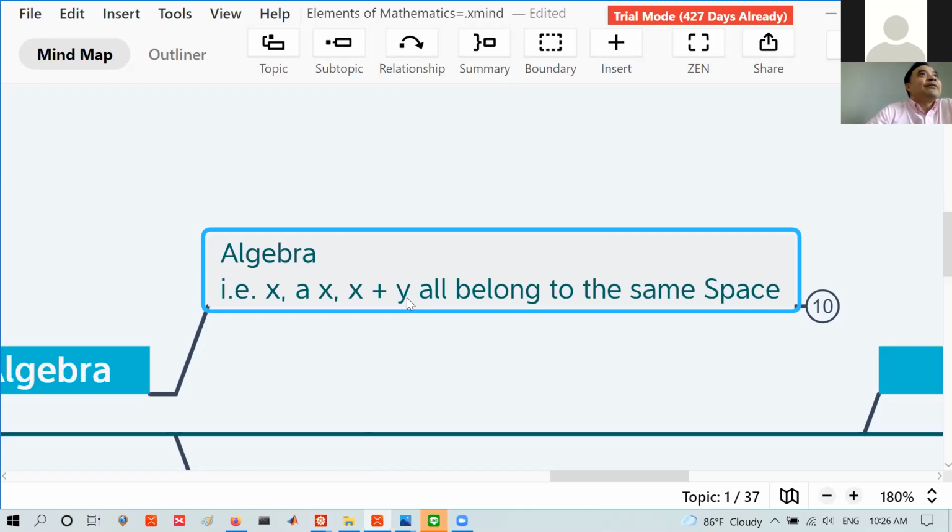And the quick example you can think of is that x is a two-dimensional vector consisting of north-south and east-west distance. So that's your coordinate in 2D, right? So x is what you travel in the morning, y is what you travel in the afternoon, x plus y is equal to your travel for the whole day, right? That's it. And at the end of the day, it's all coordinates.